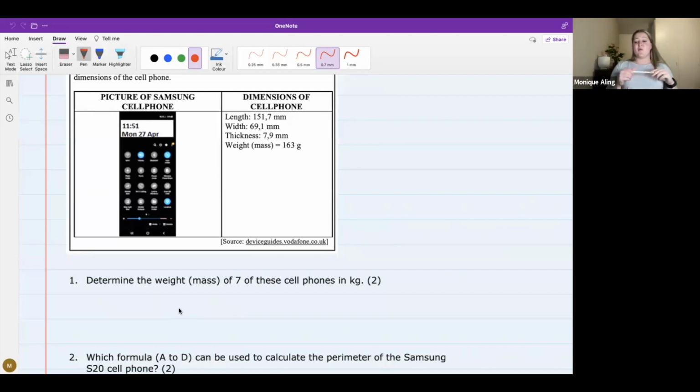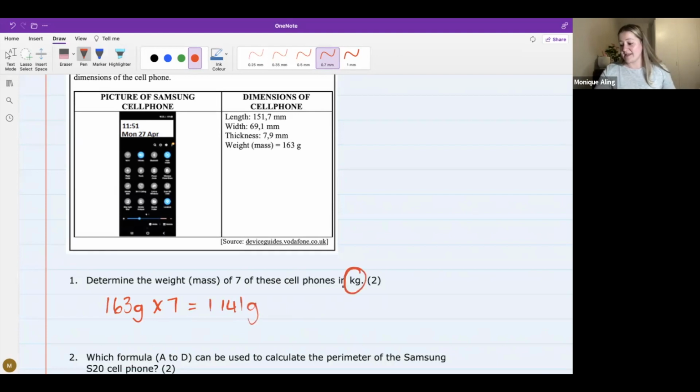Okay, so we're looking at the weight of the cell phone. We want to know the weight of 7 cell phones. So we look at the weight of 1 cell phone, which is 163 grams. That's for 1 cell phone. So for 7, we times by 7, which gives us 1,141 grams.